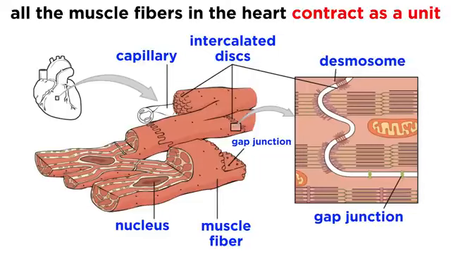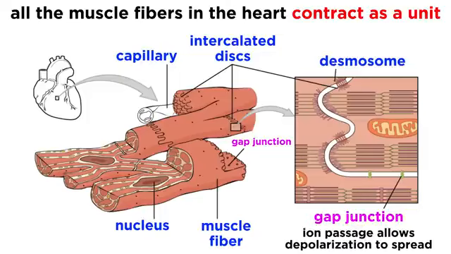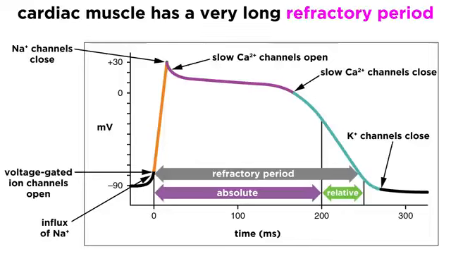All the fibers in the heart contract as a unit, and this is because of the gap junctions that tie everything together, allowing ions and therefore depolarization to spread throughout the heart, one cell at a time. And lastly, the refractory period is much longer in the heart, needing more time before another contraction can occur, which ensures the heart functions properly.